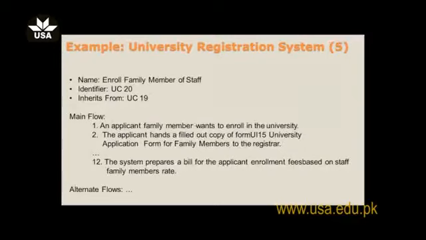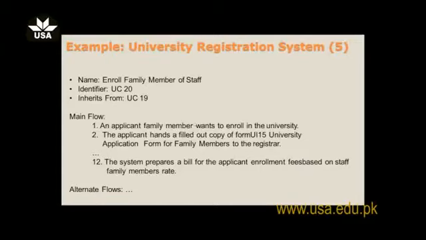If we talk about the registration system, there is the enroll family member of staff case. We have employees and other staff members who are going to enroll or register in our system. Then the main flow would be that an applicant family member wants to enroll in the university. The applicant hands a filled out copy of the form, like use case 15, the university applicant form for family member, to the registrar.